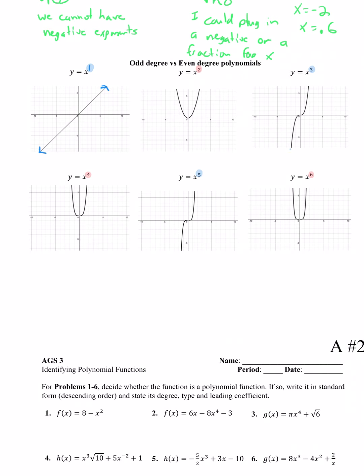I'm going to put arrows on these to show that these go on forever in all directions. Where do the even degree polynomials always end up? They go up, up in both directions, right? And the odd degrees are going in opposite directions. One side's going down, the other side's going up. That's going to be true for all of these functions.